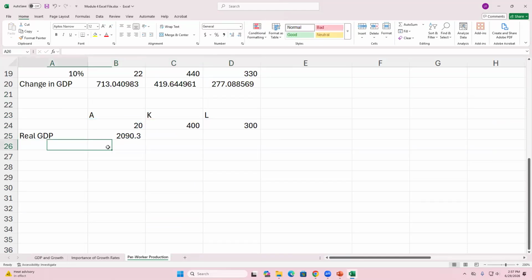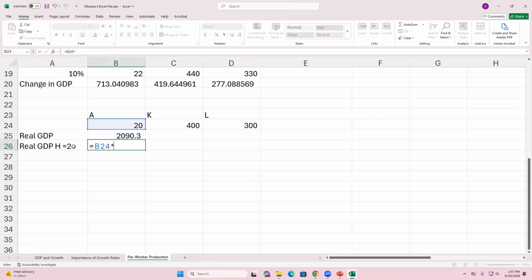Let's instead assume that I've got decreases in labor, but I'm increasing human capital. So before we do that, let's just calculate our new real GDP for a human capital value of 2. Well, everything's going to be exactly the same.